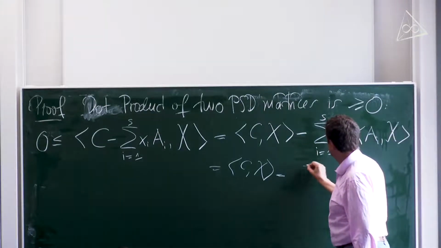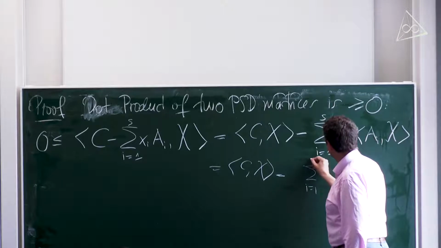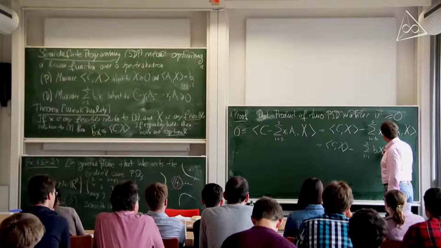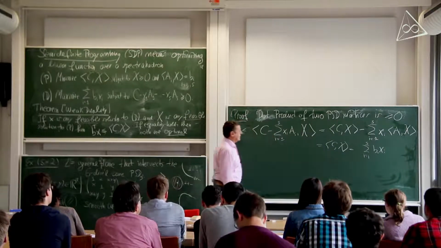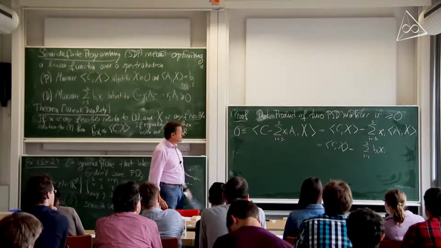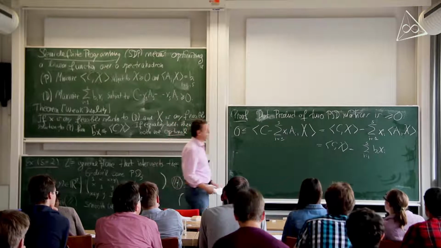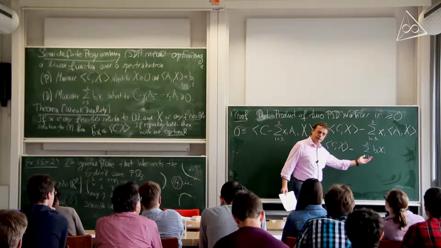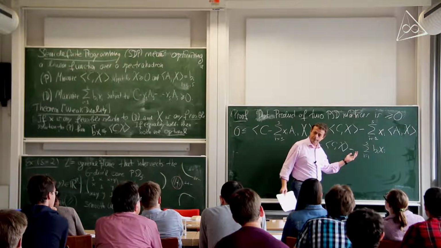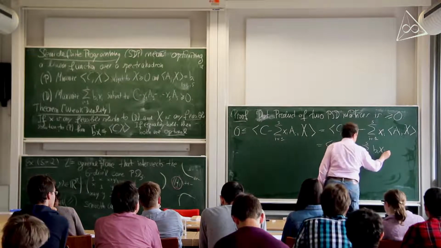This is equal to the sum i from 1 up to s of bi xi. Okay? And that's the end of the proof, right? This shows that this is a non-negative number. So something minus something else is a non-negative number, therefore something else is less or equal to something. Okay? So that proves the first statement.